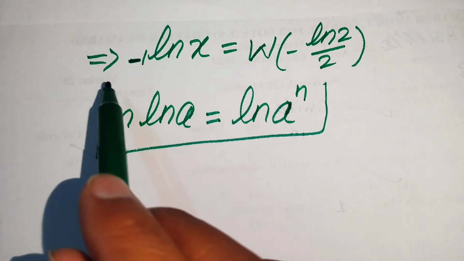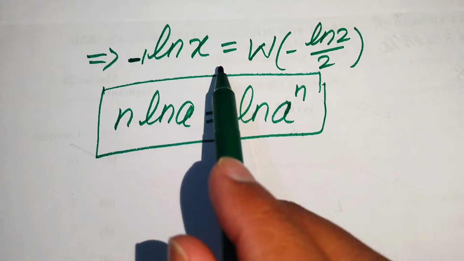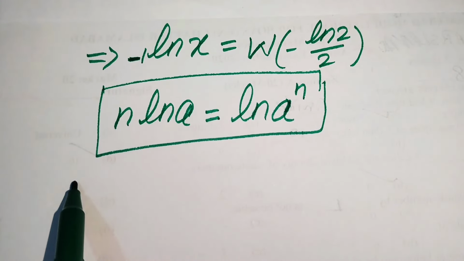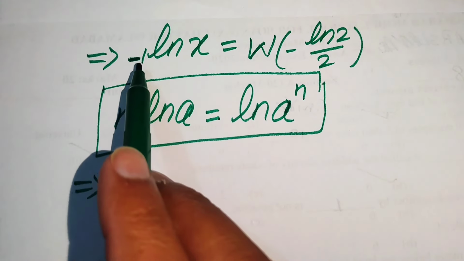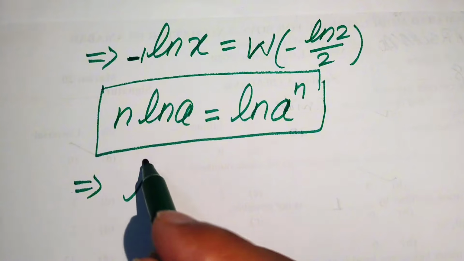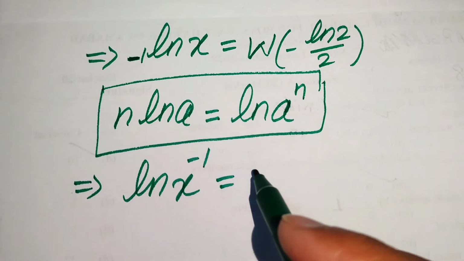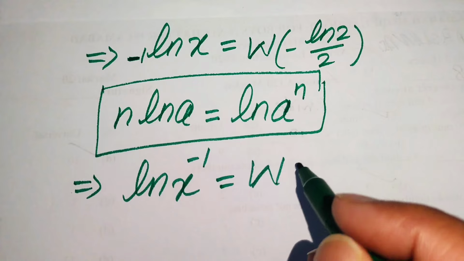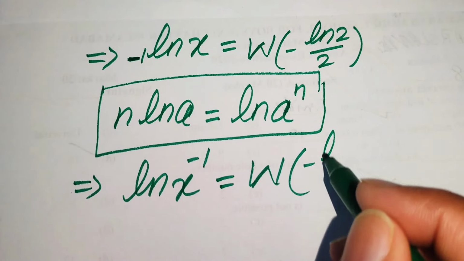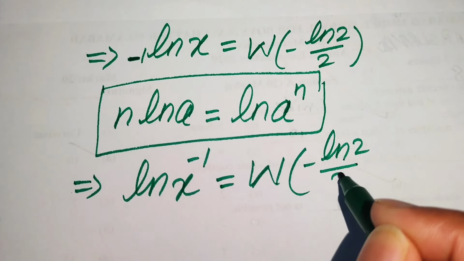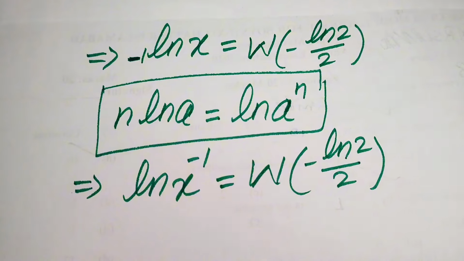We use this nice property of log on the above term in the left hand side. So now this minus 1 moves to the exponent of x, and it is written as log of x inverse equals W of minus log of 2 divided by 2.